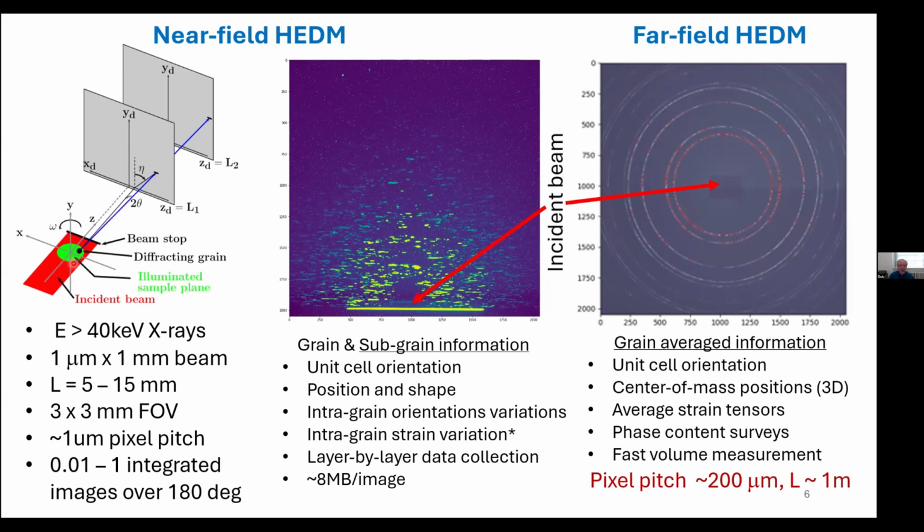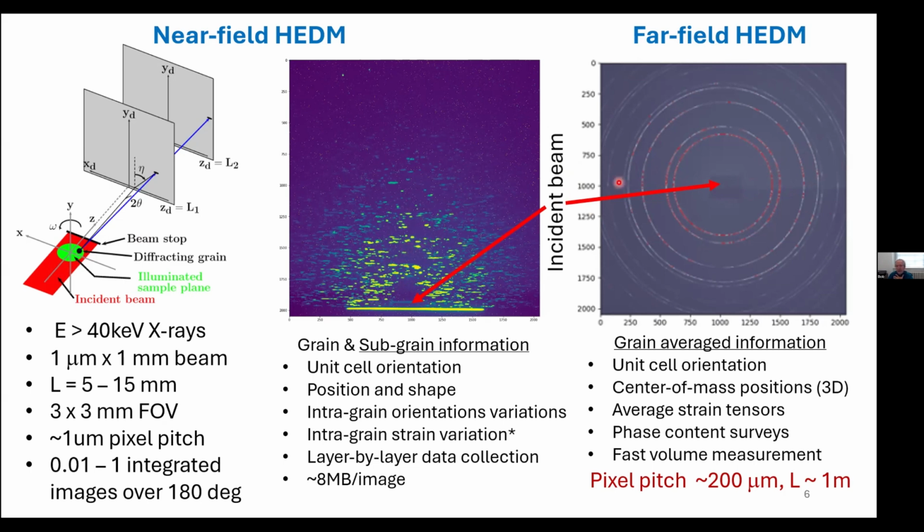So the real space position of the grain comes into play as you bring your detector closer to the sample, and that's what we do in the near field. In the near field, you don't see the rings; you just see a conglomeration of diffraction spots.